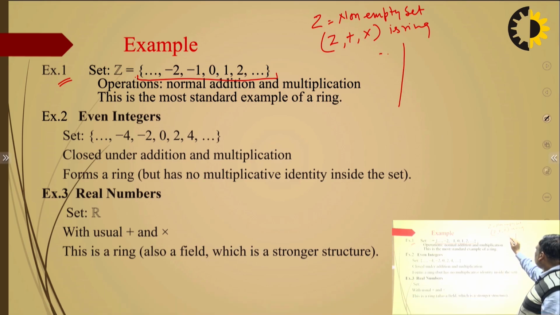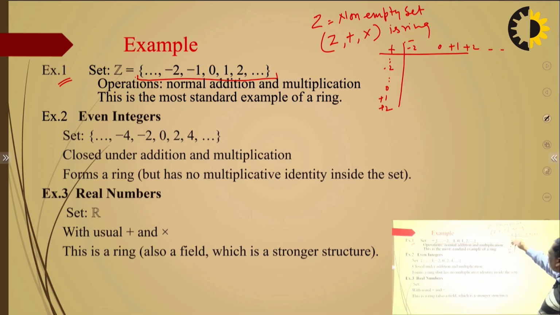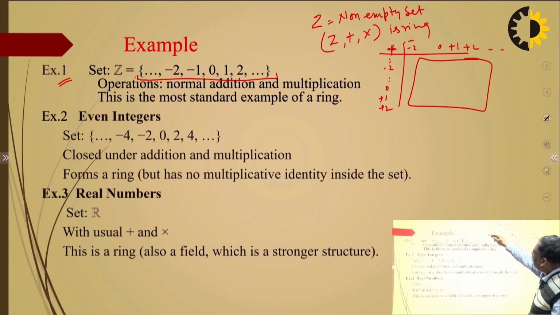We draw a table with 0, plus 1, plus 2, minus 2, and so on. When we apply the operation of addition, all the elements belong to Z. Therefore, the closure property holds with respect to addition.